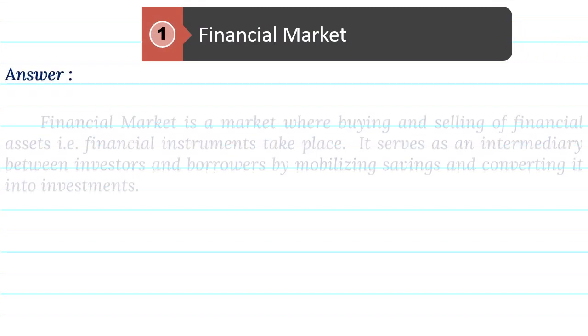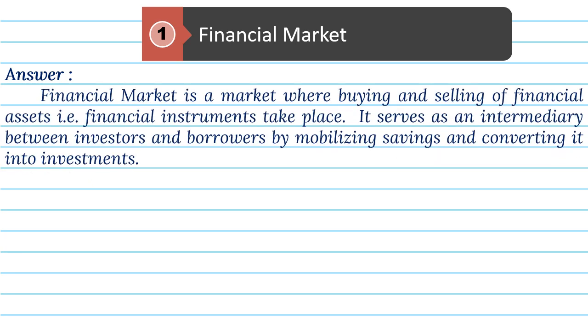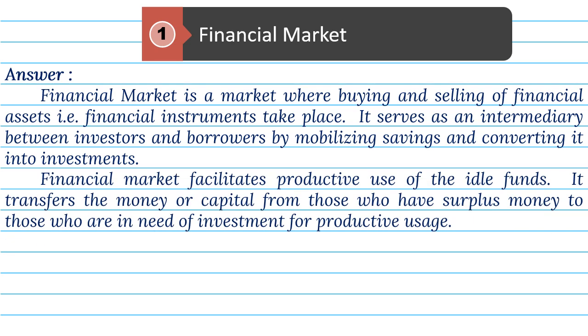Answer. Financial market is a market where buying and selling of financial assets, that is financial instruments, take place. It serves as an intermediary between investors and borrowers by mobilizing savings and converting it into investments. Financial market facilitates productive use of the idle funds.